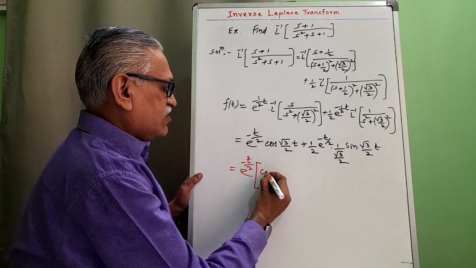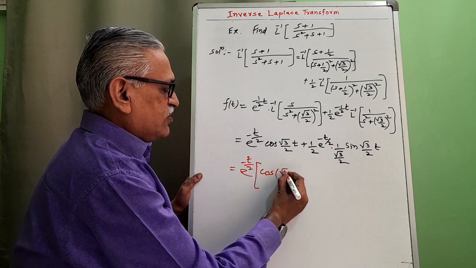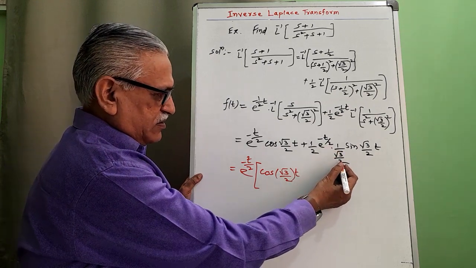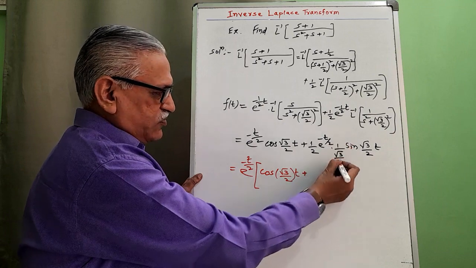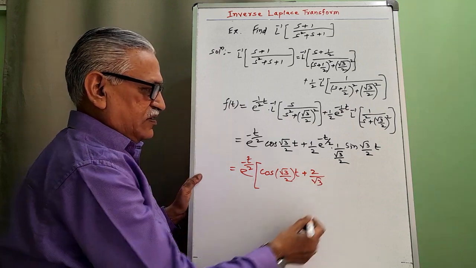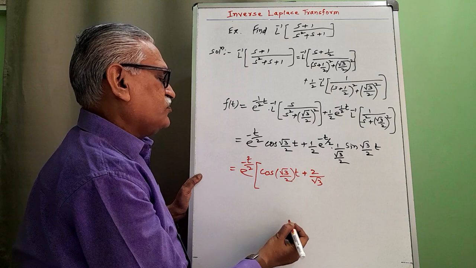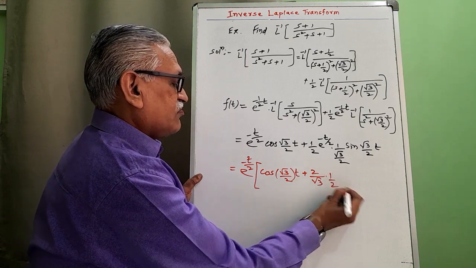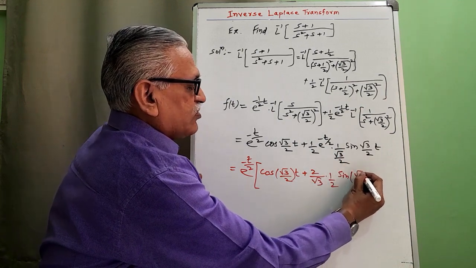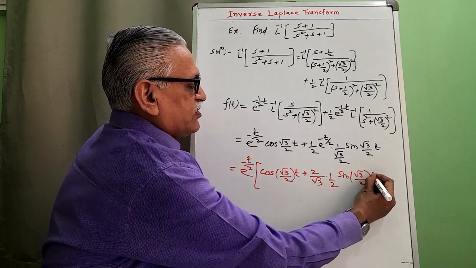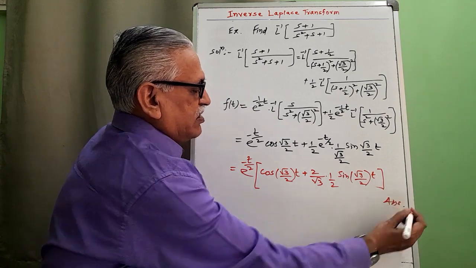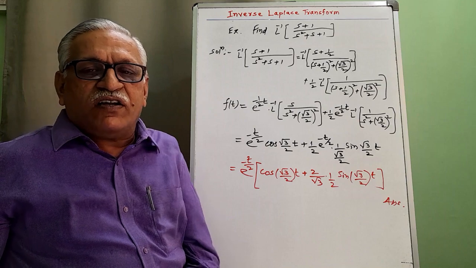Remaining terms are cos of root 3 by 2 times t plus 1 upon root 3 by 2, it becomes 2 by root 3, into 1 by 2, so that 2 get cancelled, into sine of root 3 by 2 times t. As final answer or the required inverse Laplace transform.